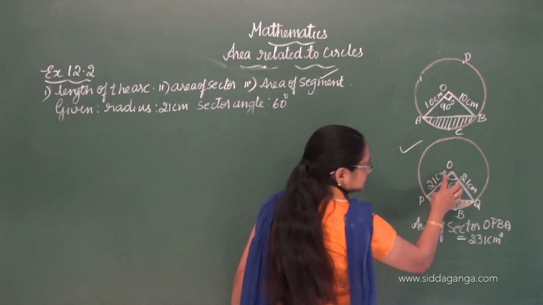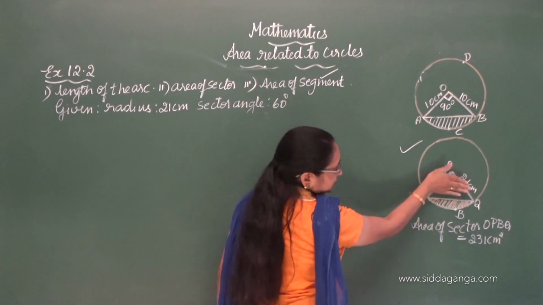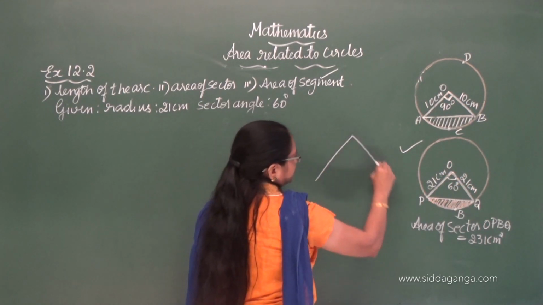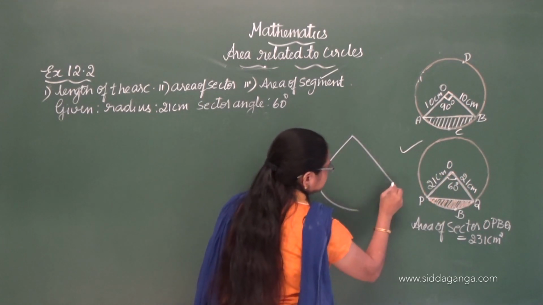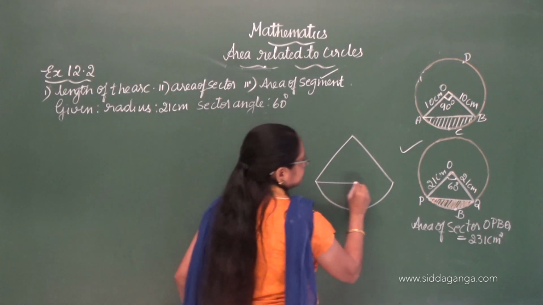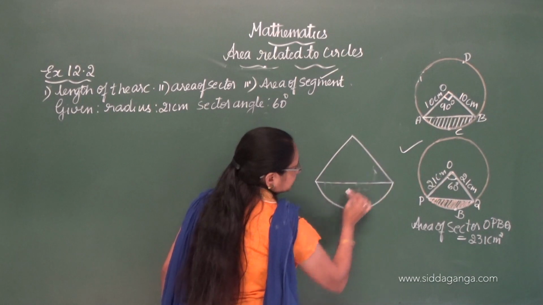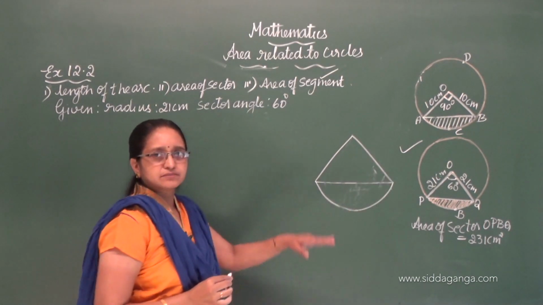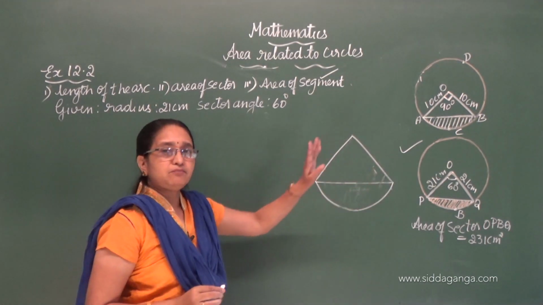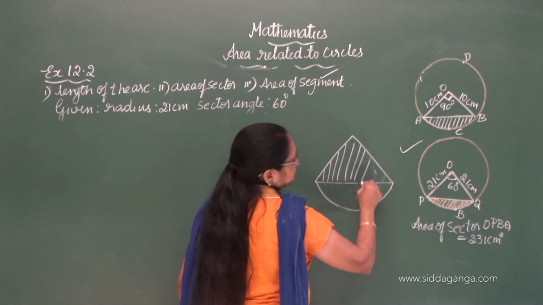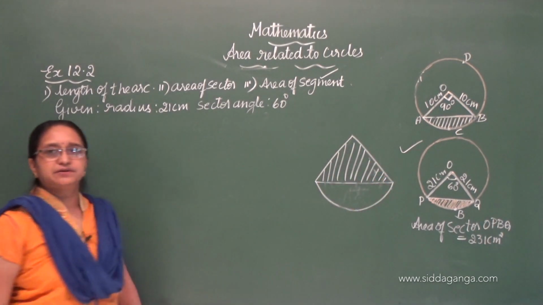Area of the sector minus area of this triangle. See, if you want, I will just draw it a little bigger and show it to you. Area of the sector, the whole sector, this is the sector. Area of the sector minus area of this triangle, what does it give?